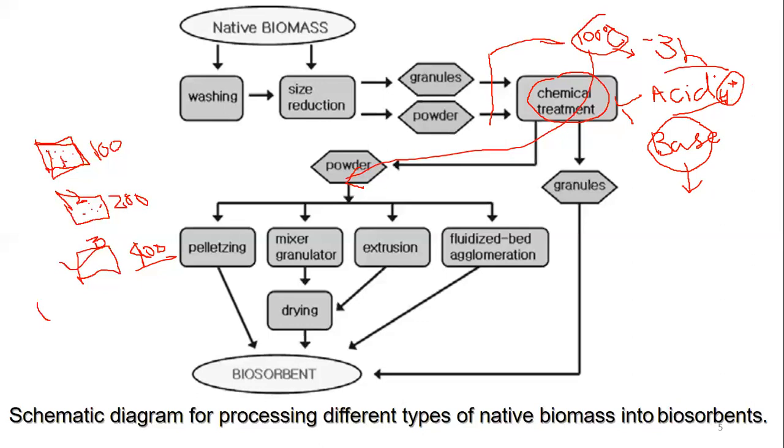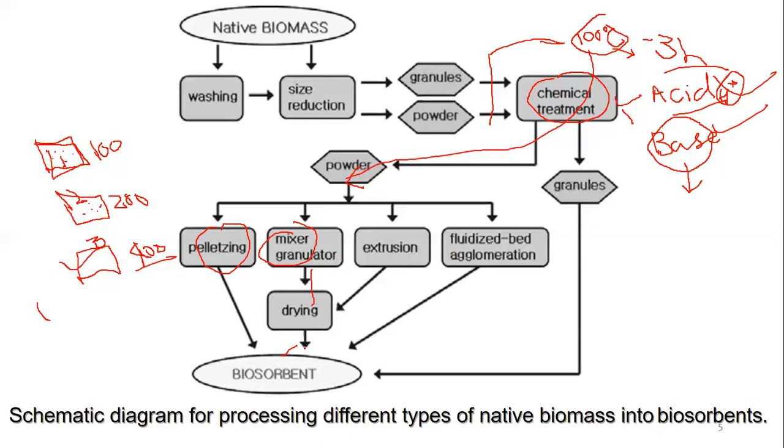Here it's going to give them, and here it's going to take them. So it depends on your material and why you are using it. And then you can make pellets from that or mixed granules, depending on your desired structure, whichever is more appealing to you. Then we dry that and use it as a biosorbent.